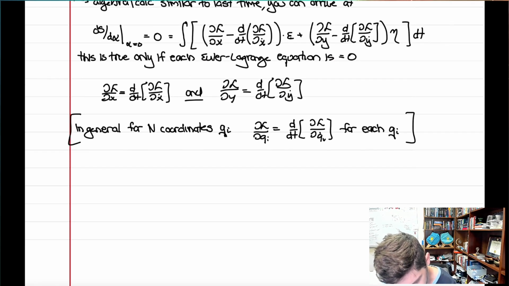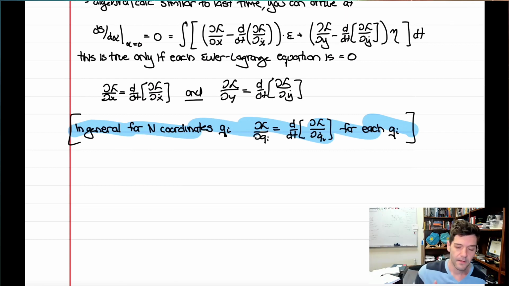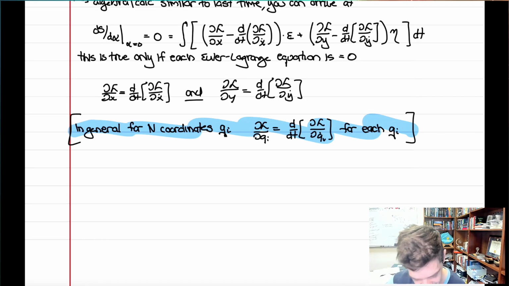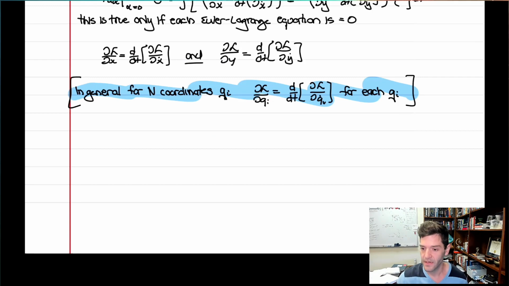I'll just bracket that entire thing. Right, so essentially when you have multiple dimensions, you just have multiple Euler-Lagrange equations, and then you can solve them together in order to solve for the trajectory of your system. Which is kind of nice, that the same idea extrapolates to higher dimensions.